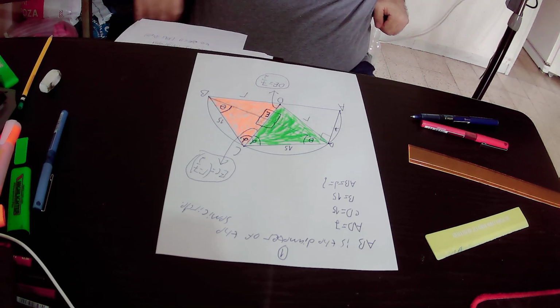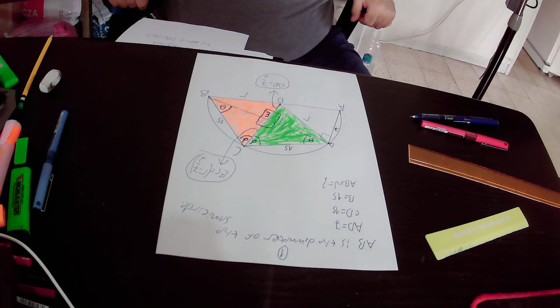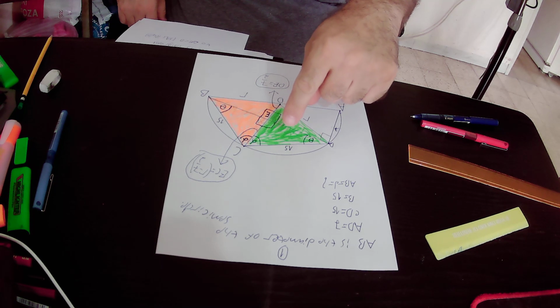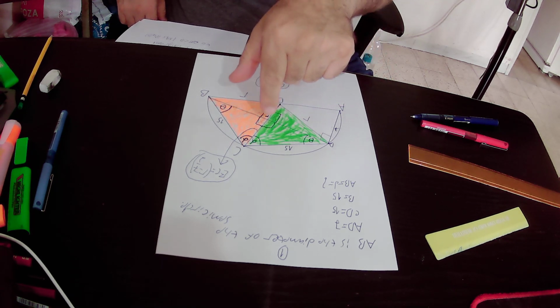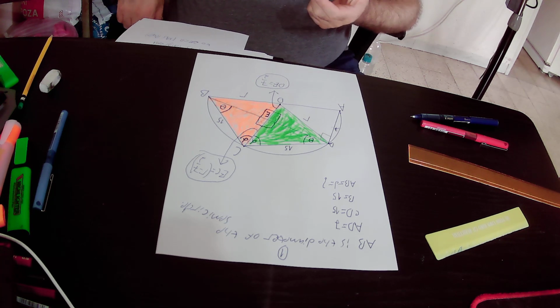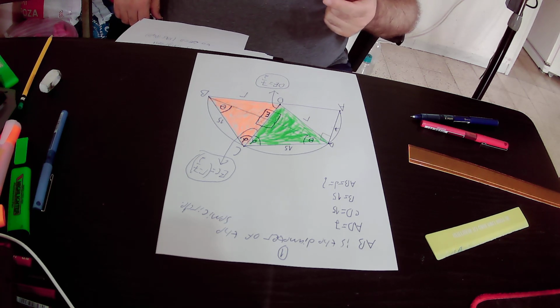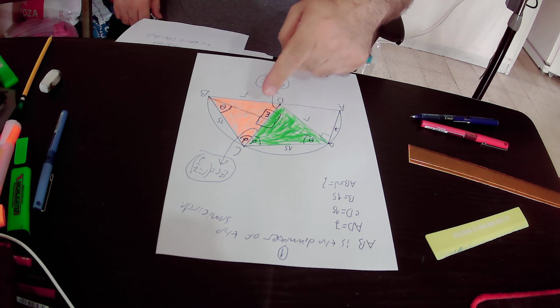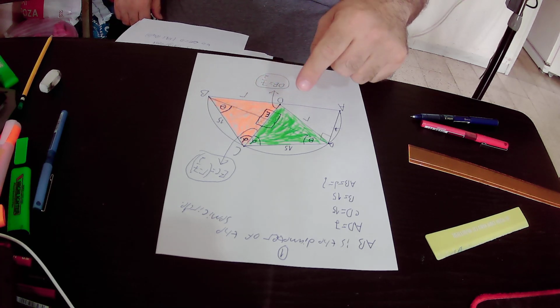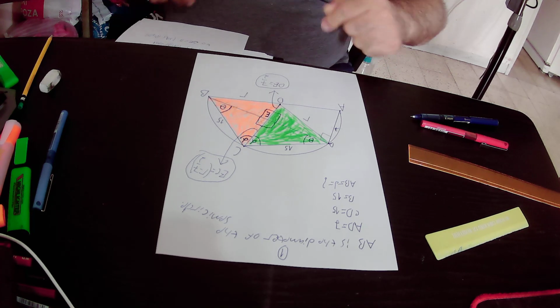So we proved that two sides and the included angle in the green triangle are equal to two sides and the included angle in the orange triangle. Therefore, the green triangle is congruent to the orange triangle according to the side angle side rule.